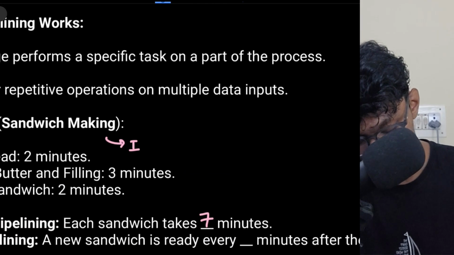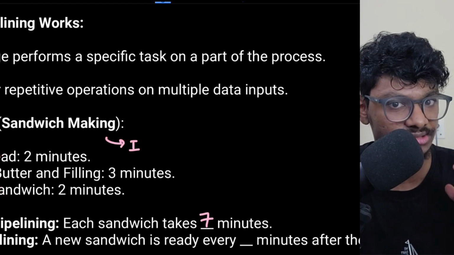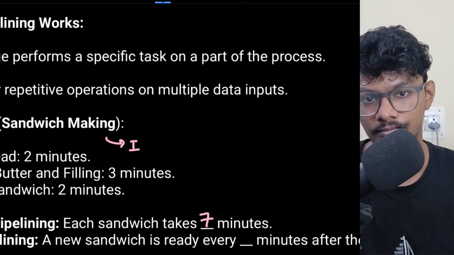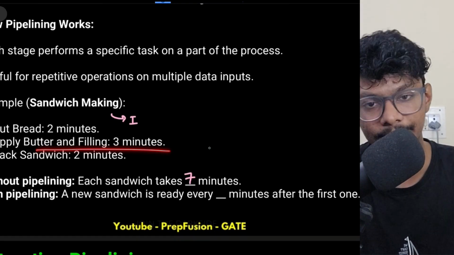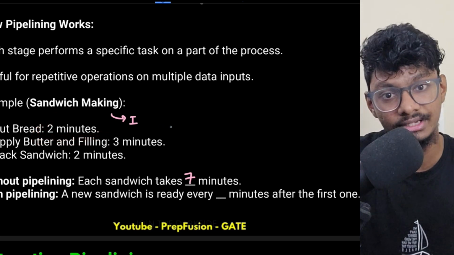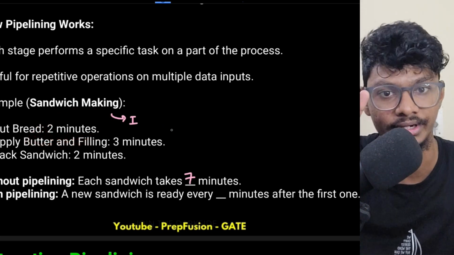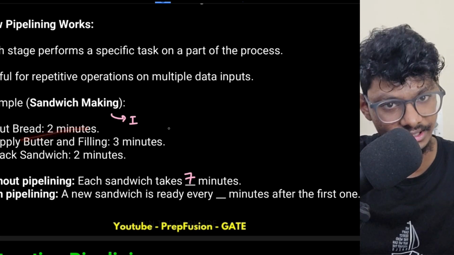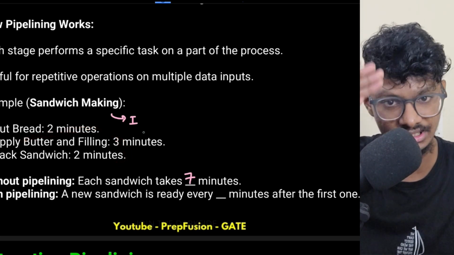What we do is, we take the maximum of all these stages. If I take the maximum, there cannot be any overlap, because it can't happen that person A will finish cutting the bread in more than that. Person A will finish cutting the bread in only 2 minutes. It will not take 4 minutes, right? If I choose the maximum out of these 3, my duration cannot go above that.